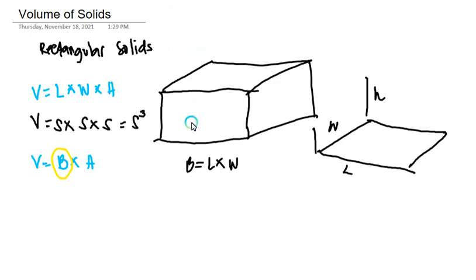So for example, this is 2, this is 4, and ang imo nga height is 3. So for example lang ha, so this is 2, this is 4, this is 3. So ang pamangkot subong is pila ang aton nga volume.